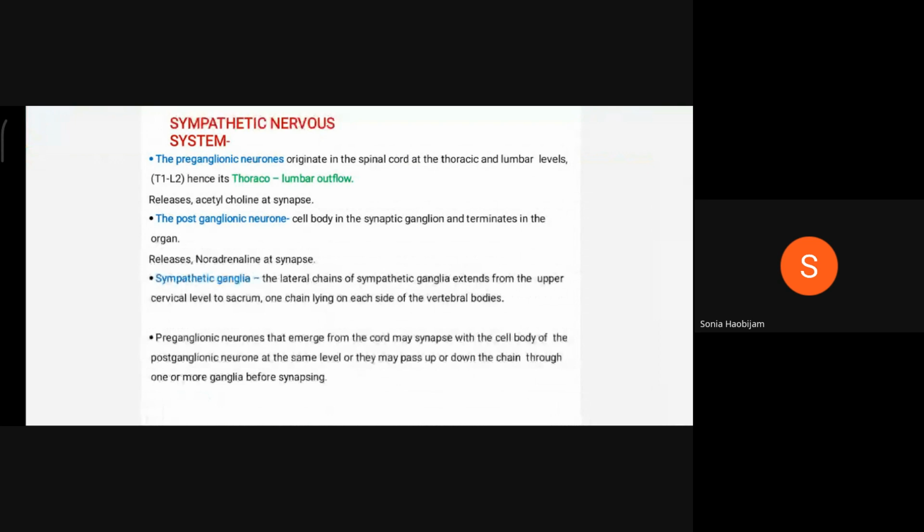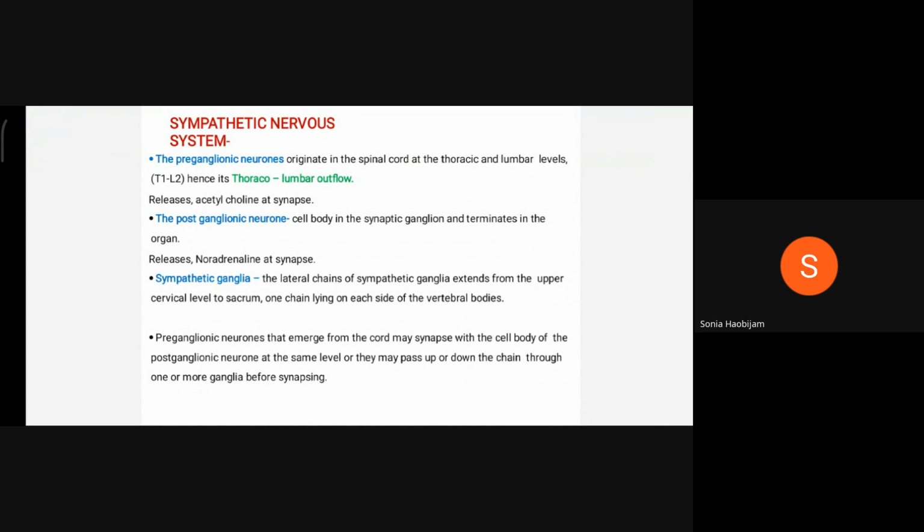Now see here. It is highlighted in this slide that preganglionic neurons originate in the spinal cord at the thoracic and lumbar level. Hence it is thoracolumbar outflow. In the sympathetic nervous system, preganglionic neurons originate from the thoracic to lumbar region.